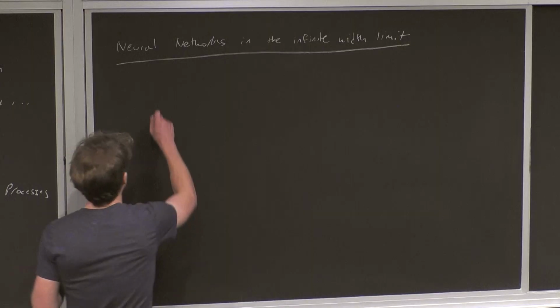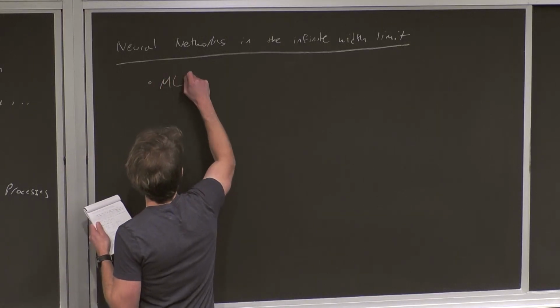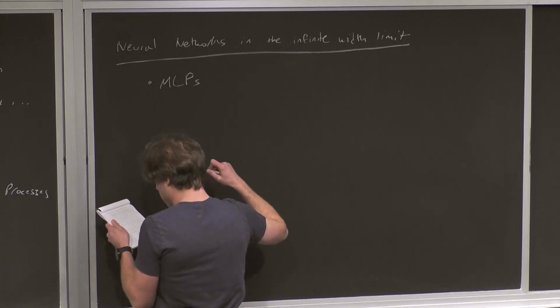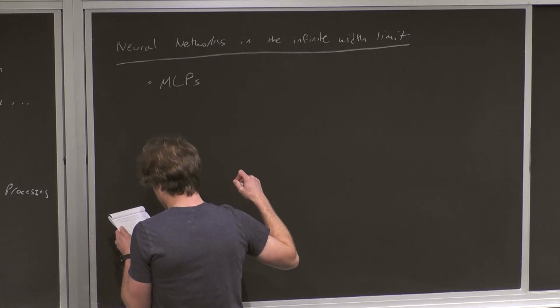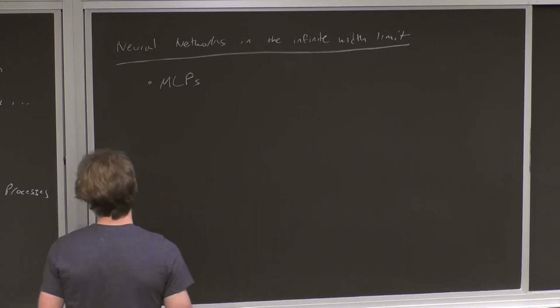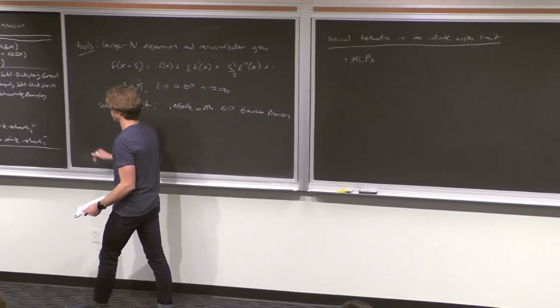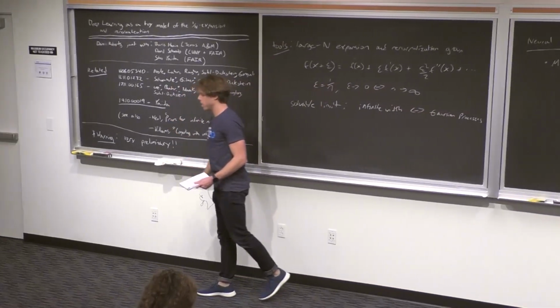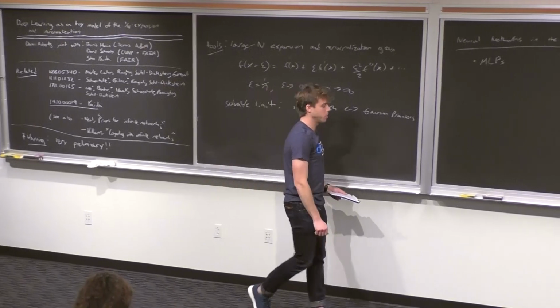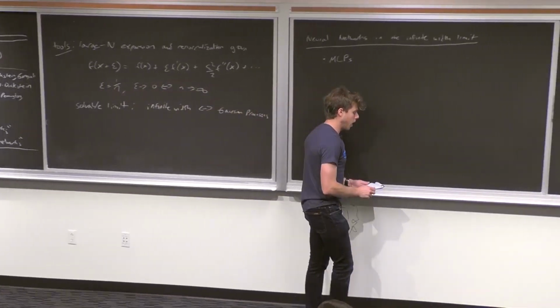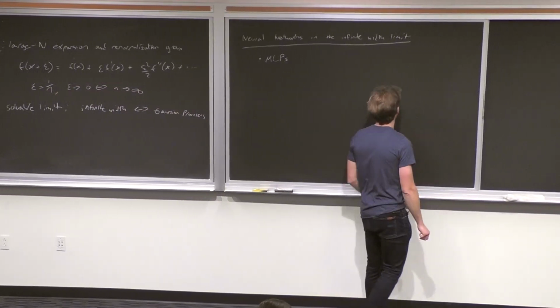I'm going to focus on MLPs to start, but there's a huge industry, a lot of these authors, I haven't listed the papers, of extending these results for things that are not just multi-layer perceptrons.